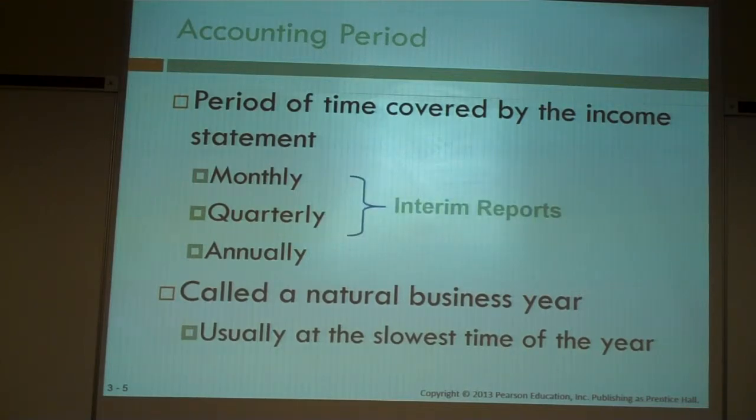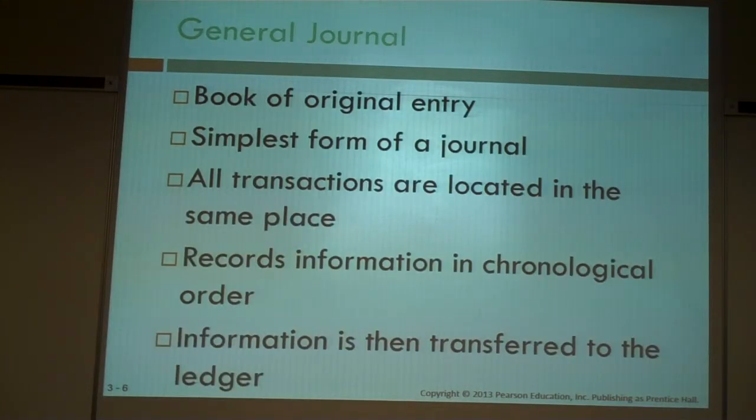Those monthly, quarterly, and weekly ones we call interim reports, because when we look at the condition of our business, our investors are going to look at what we've done for the year. So we'll usually have our financial statements printed at the end of the year, whenever we think the end of our year would be.